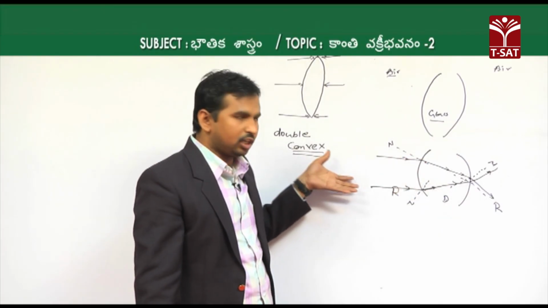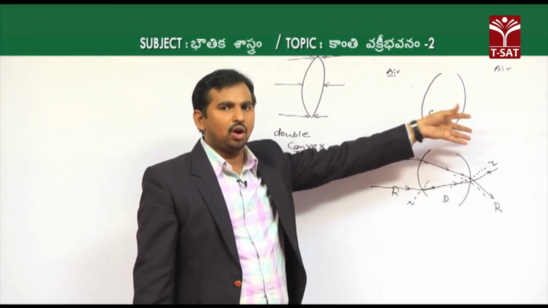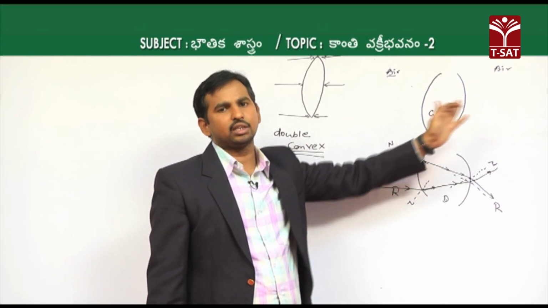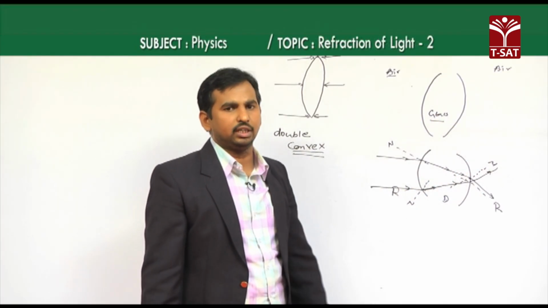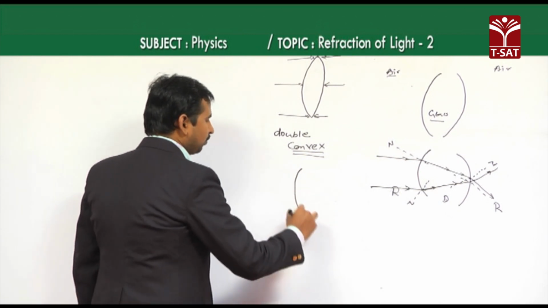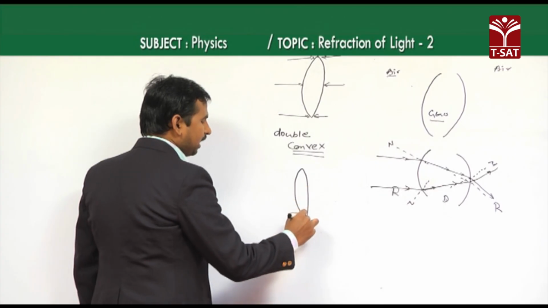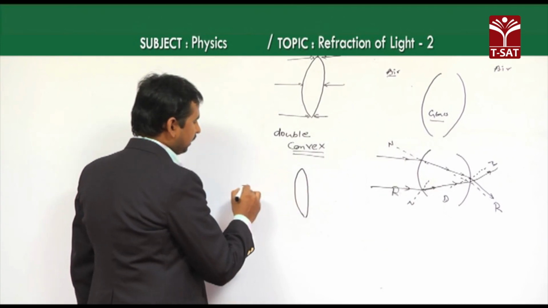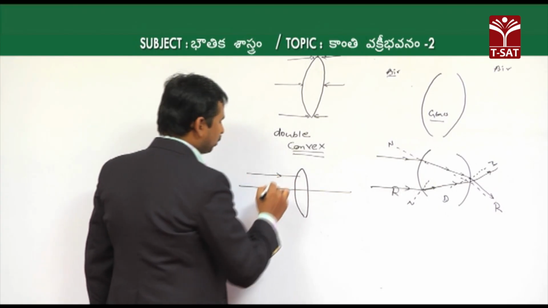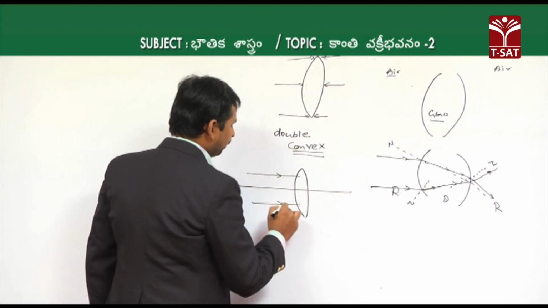So whenever you are taking a parallel beam of light rays onto a convex lens, after refraction, now the light rays are going to meet at a point. This only we call that as converging nature of the convex lens. If you draw the diagram combined here like this, I am taking two light rays, one starting from the top, one from the bottom.